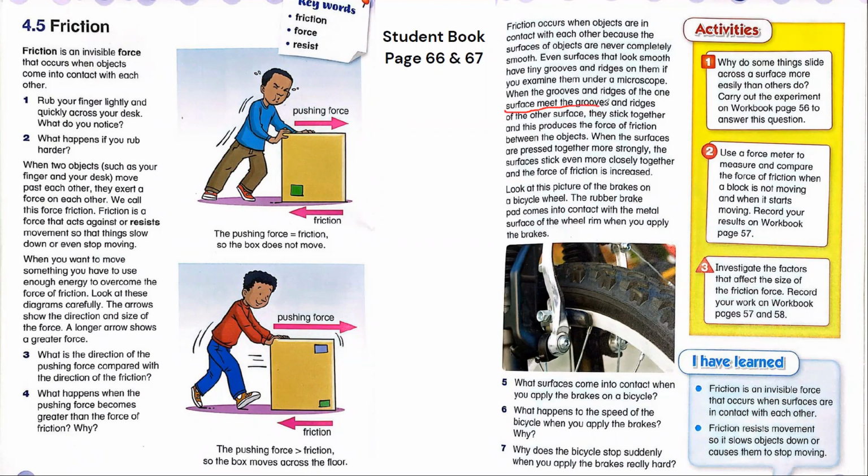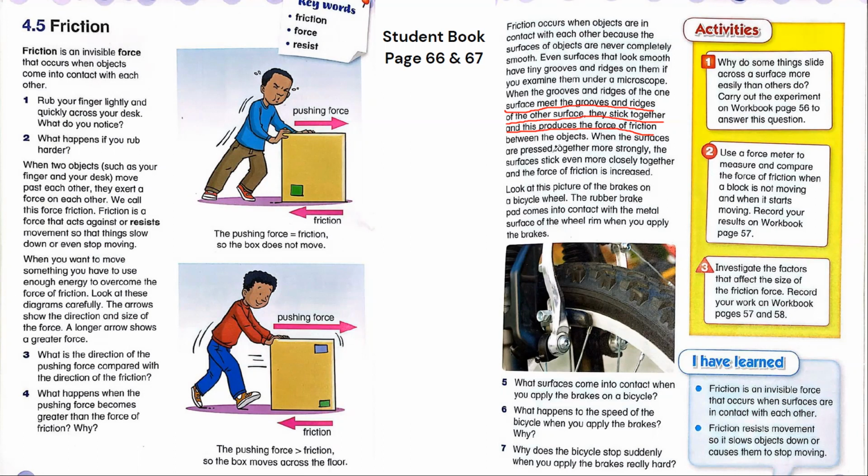surface meets the grooves and ridges of the other surface. They stick together and this produces the force of friction. Highlight, surface meets the grooves and ridges of the other surface. They stick together and this produces the force of friction.